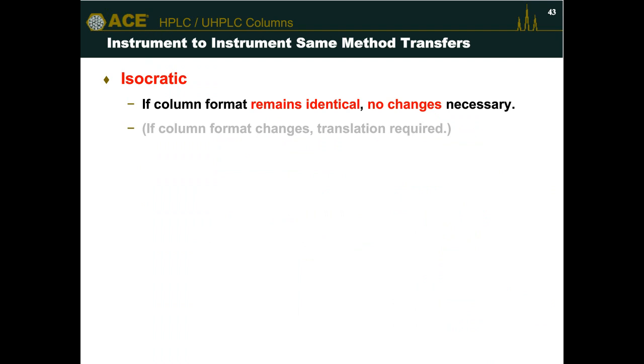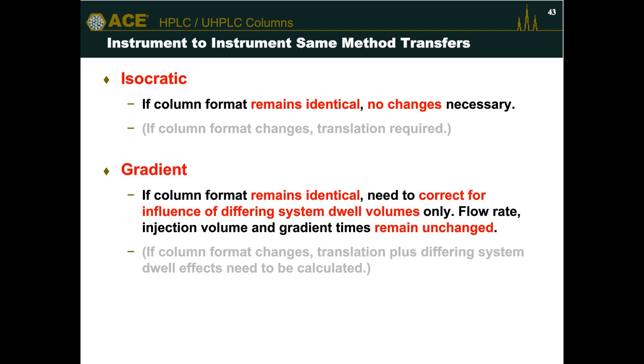And that fits nicely with our instrument transfers, really. We're moving an isocratic method, we shouldn't need to change the method, obviously, unless we do any translation. When we move a gradient method, if the dwell volume is different on one system and the next, then we might need to modify the start of the gradient.